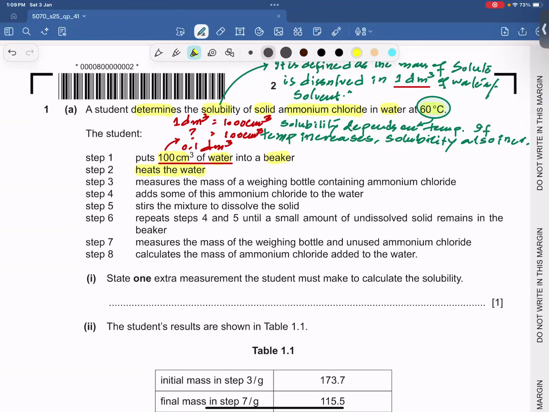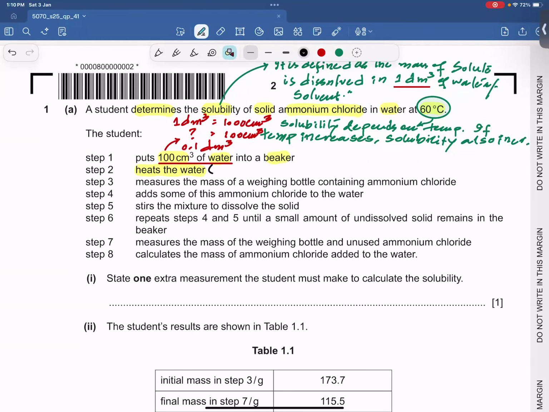Heat the water. Now the question is, why are we heating the water? So that we can maintain the temperature of 60 degrees Celsius, because the examiner wants to determine the solubility of ammonium chloride at 60 degrees Celsius.